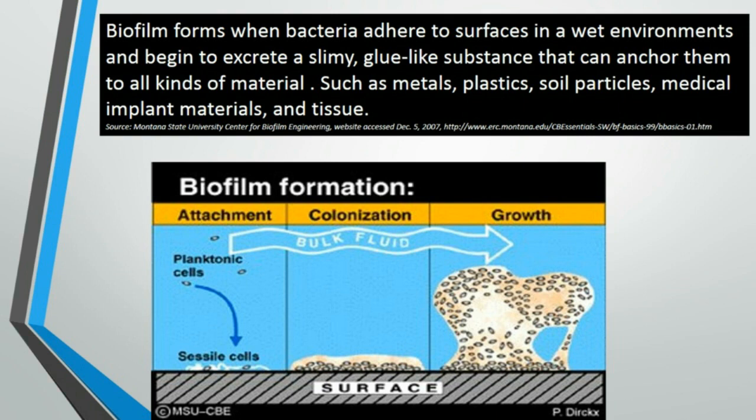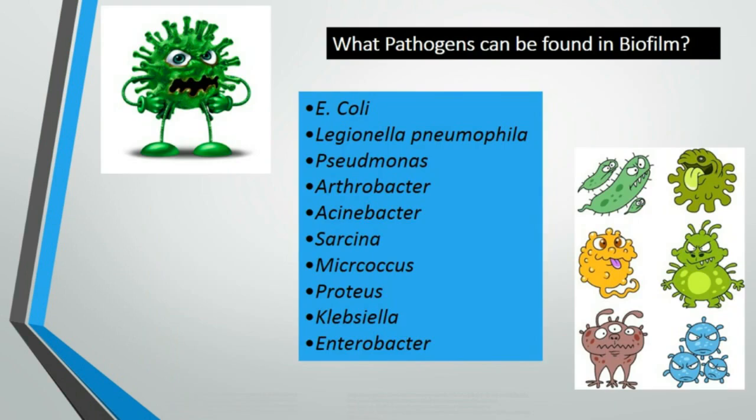So what kind of stuff do we find in biofilm? E. coli, Legionella, Pseudomonas, all of the things that we do not want to find. Cleaning is hard enough without allowing things to grow and proliferate and then having to take them out after. These are just a few examples.